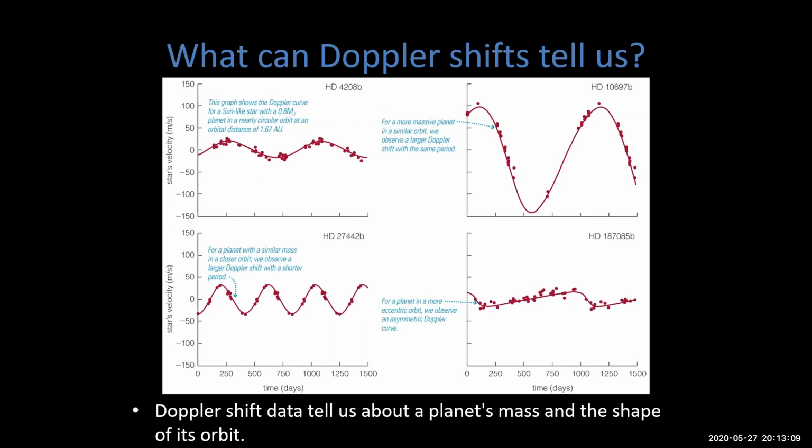You also get a different idea about the average distance that the planet orbits at, based on these graphs, and the period that the planet has depends on the distance the planet orbits at. There's a Kepler's law relationship that tells us this.